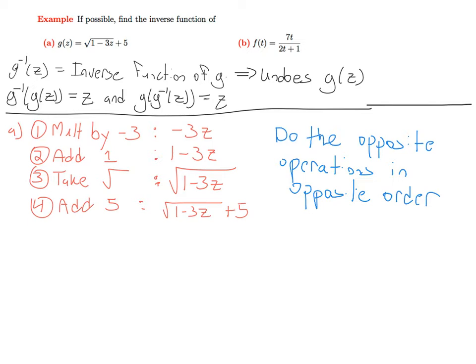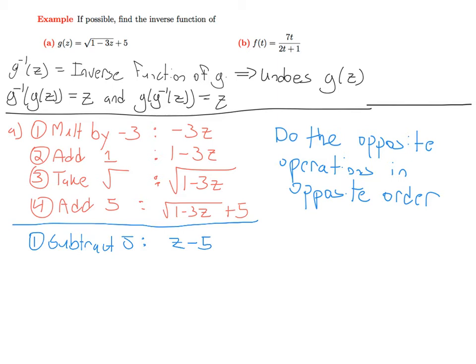And that's going to tell us exactly how to undo the operations that g does. So for example, I first do the opposite of adding 5. That would be subtract 5. So I would take z and subtract 5.